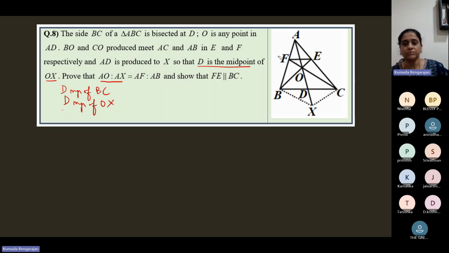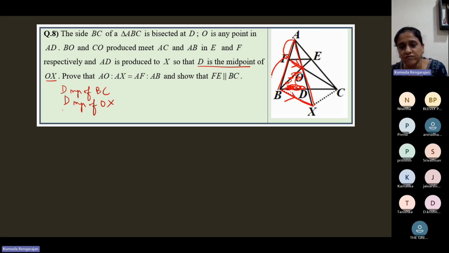Look at this triangle ABX. In this triangle ABX, if FO is parallel to BX, then what will you get?